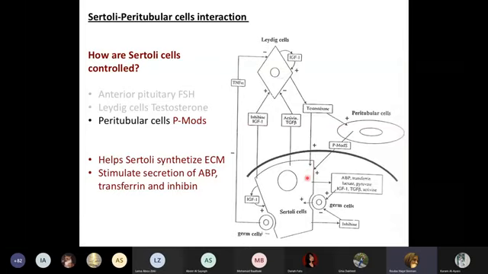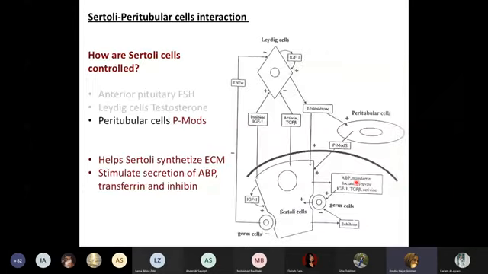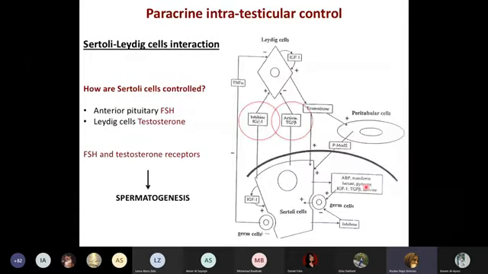Another interaction is the Sertoli germ cell interaction. We mentioned previously that germ cells will respond to Sertoli cells because of the molecules that are secreted. I mentioned in this figure that the germ cells will respond to the activin and inhibin, and IGF and TGF, that are secreted by the Sertoli cells.